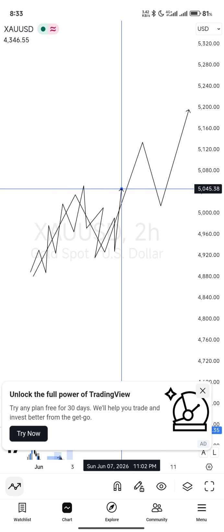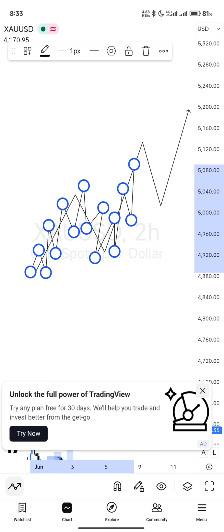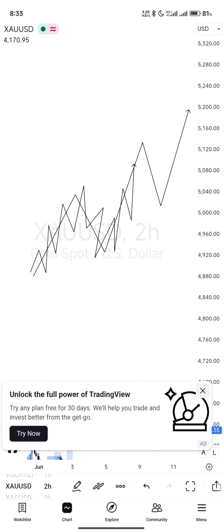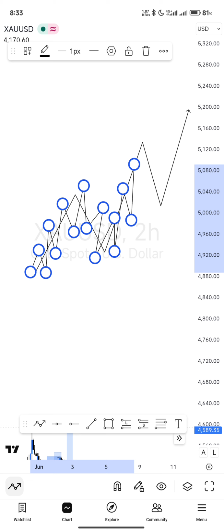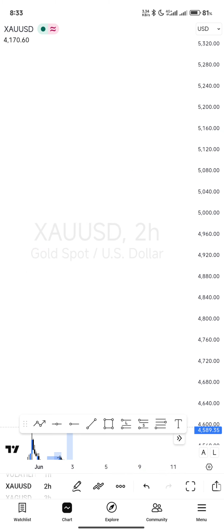That's why sometimes if you go down to the smaller time frames, you may be confused about whether the market is selling or buying. So whenever you want to determine the structure of the market, it's always best to use higher time frames. You may see a change of character or the market printing a downtrend on a smaller time frame, but on a higher time frame the market is just making a retracement or a pullback.